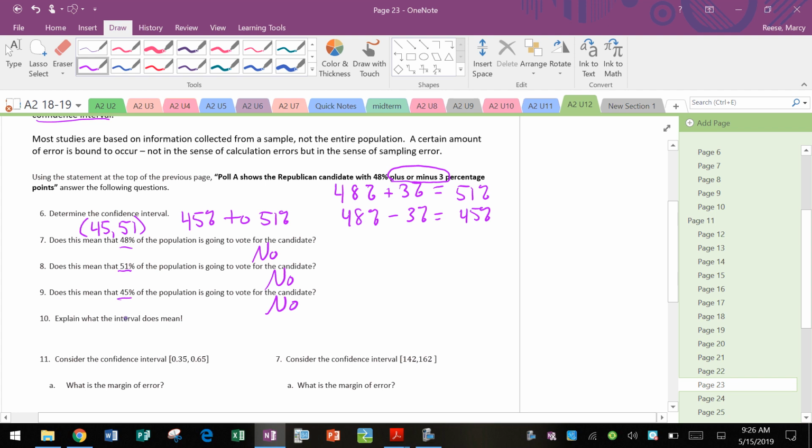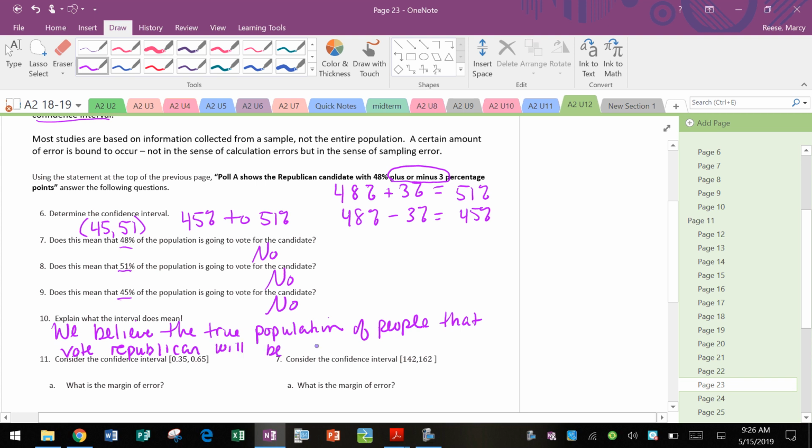When they ask you to explain your interval, we say, we believe the true population, the actual population of people that vote Republican will be between 45% to 51%.